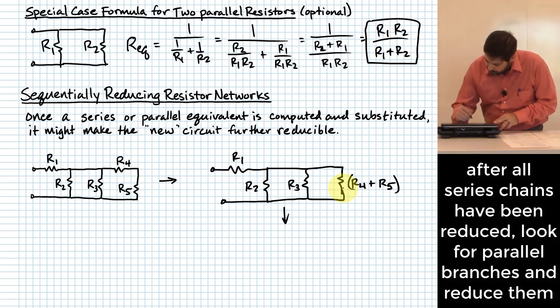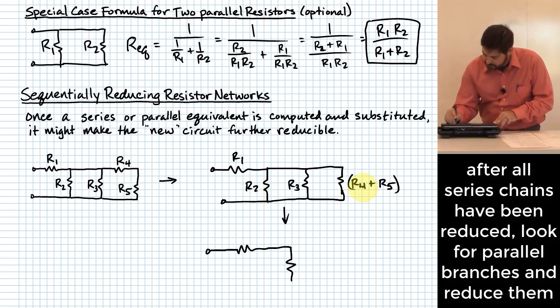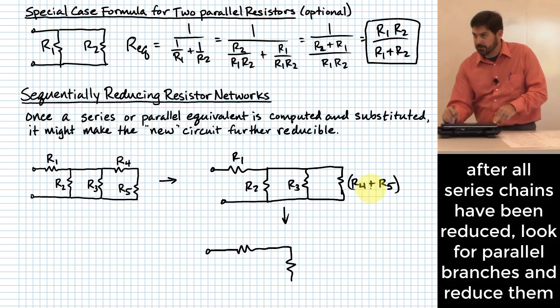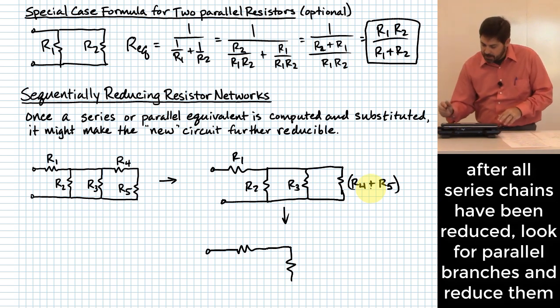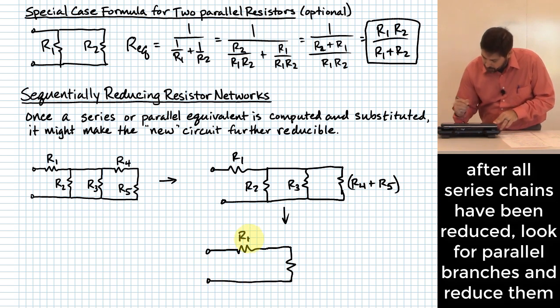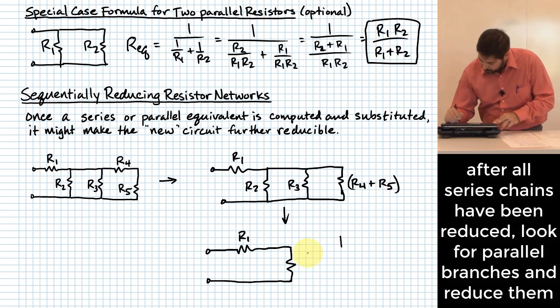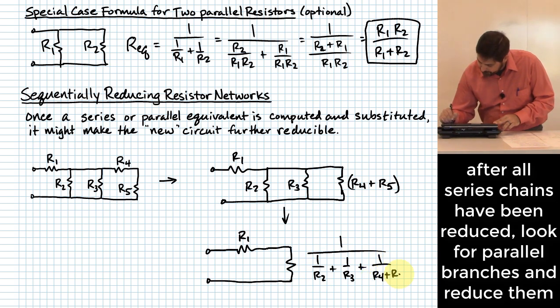What you would find is that this would become another equivalent circuit where we still have R1, but now we're going to replace those three resistor values, R2, R3, and R4 plus R5, with just one resistor. I'm going to leave R1 alone, and over here this resistance value is just going to be 1 over 1 over R2 plus 1 over R3 plus 1 over R4 plus R5.